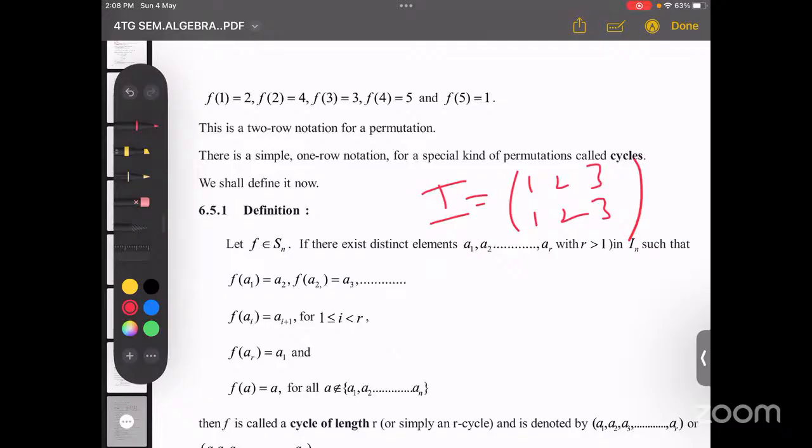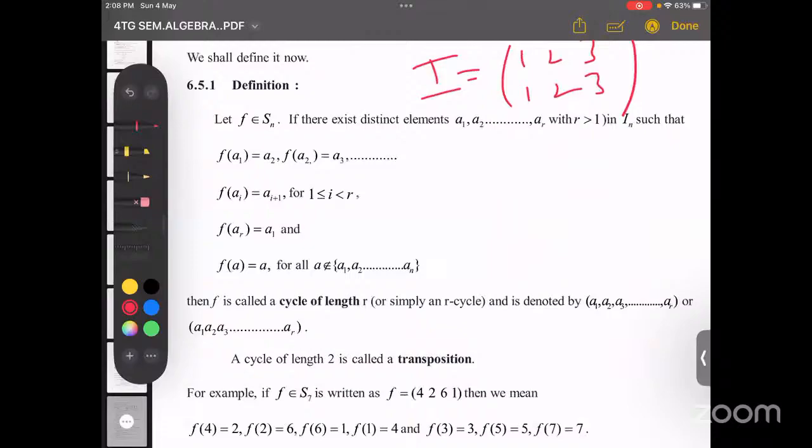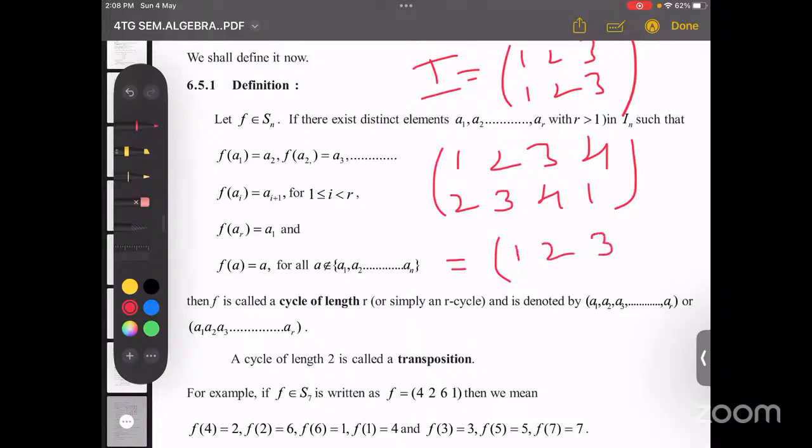Cycle permutations, or cycles. Whatever cycle we write for a permutation: suppose you have a permutation with 1, 2, 3, 4 on the top and 2, 3, 4, 1 on the bottom. For this you can write the cycle by looking at the mapping. 1 maps to 2, 2 maps to 3, 3 maps to 4, and 4 maps again to 1.